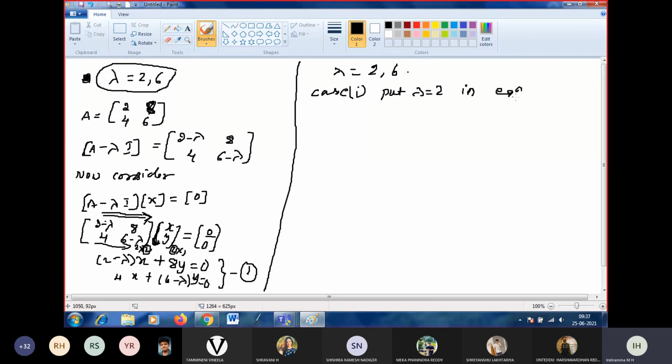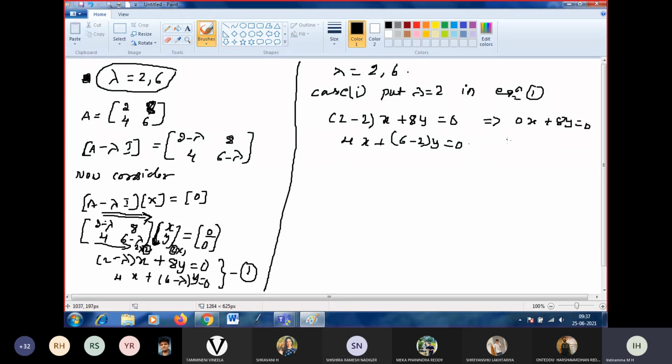In equation 1, we obtain 2 minus 2 into x plus 8 into y is equal to 0. Next, 4x plus 6 minus 2 into y is equal to 0. Right? What is 2 minus 2? So you got this as 0x plus 8y is equal to 0.